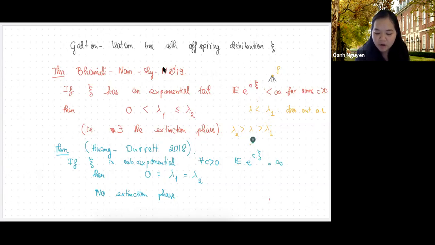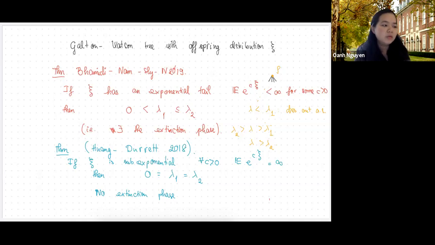And if lambda is bigger than lambda 2, then the root rho keeps being infected infinitely many times. So that is the result about Galton-Watson trees.